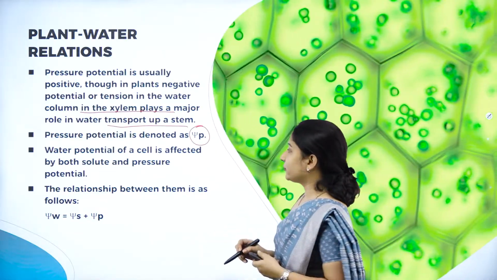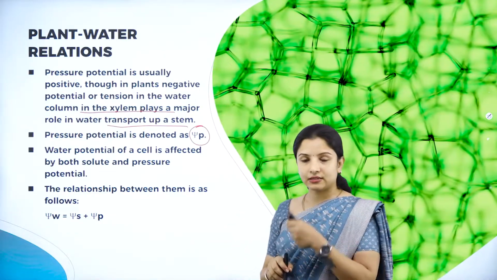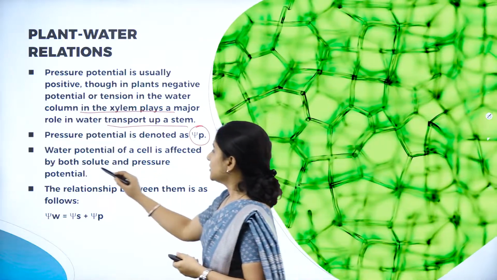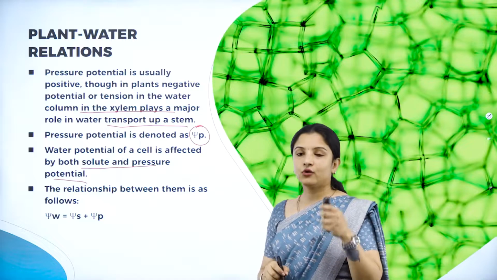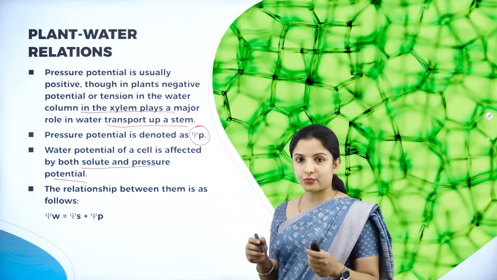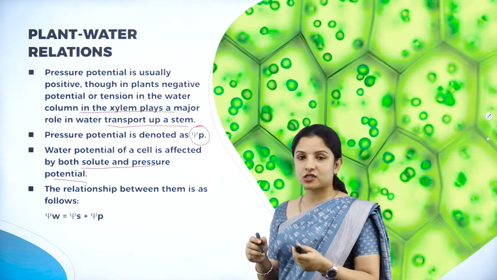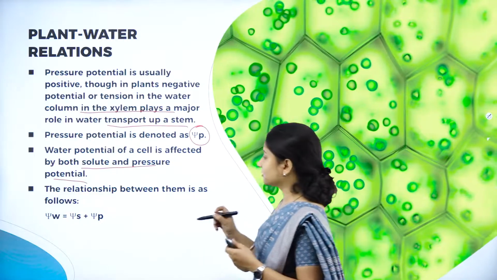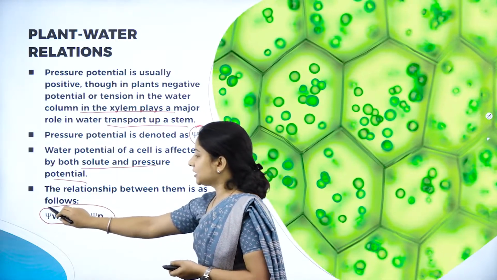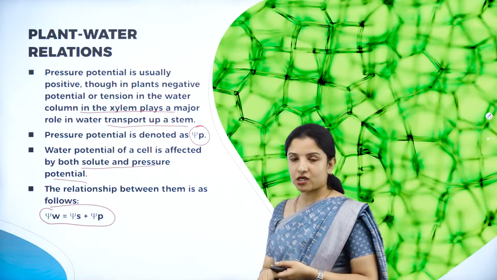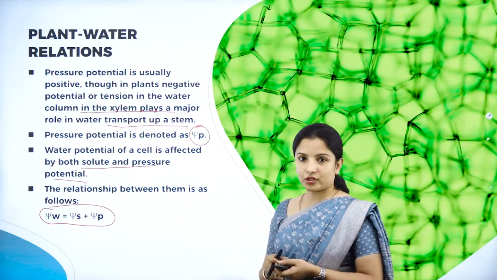And therefore, the water potential of a cell is affected both by the solute as well as the pressure potential, and the relationship between the water potential, the solute potential and the pressure potential is represented as: water potential is equal to solute potential plus pressure potential.